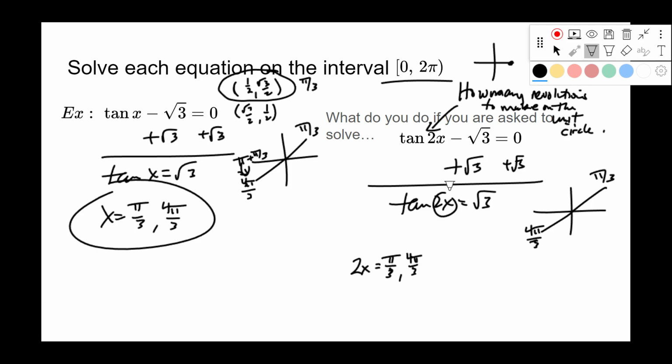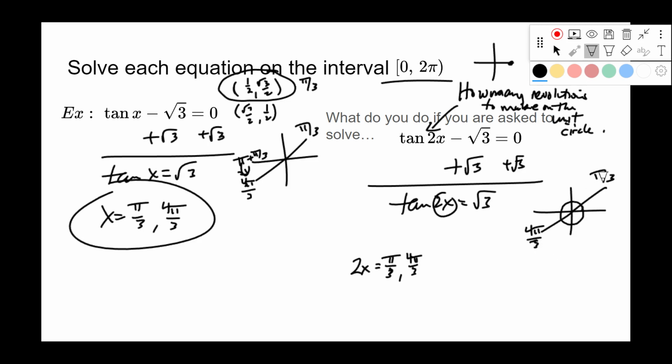But the 2 means that I'm going to rotate around the unit circle twice. So my first time around, I get the answers pi over 3 and 4 pi over 3. If I go around another time, I'm going to get 2 more answers to this problem. So there are going to be 4 total answers. Okay?